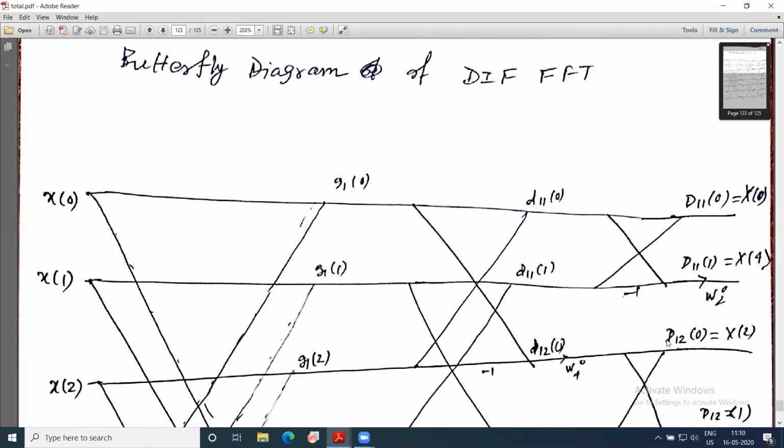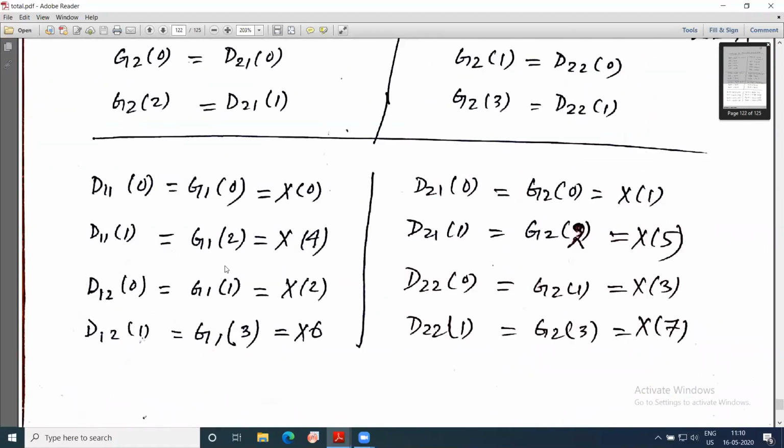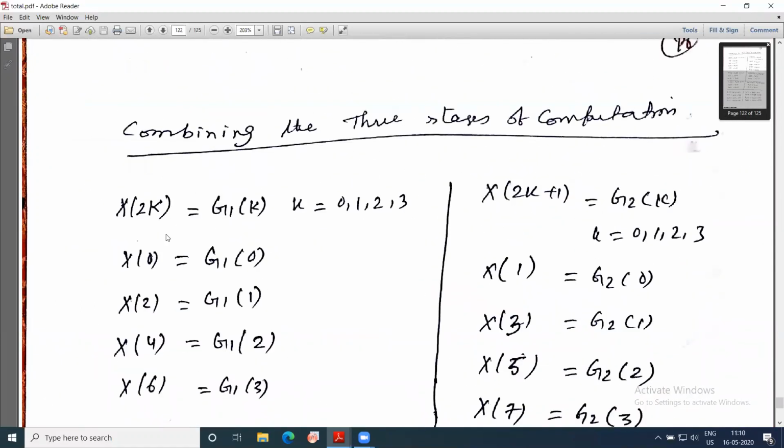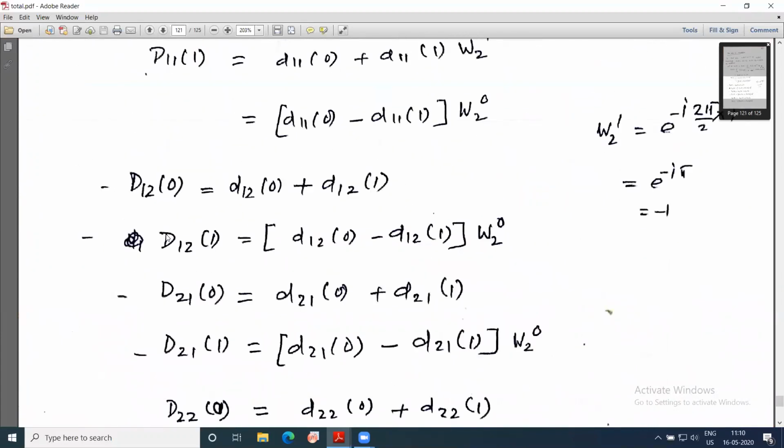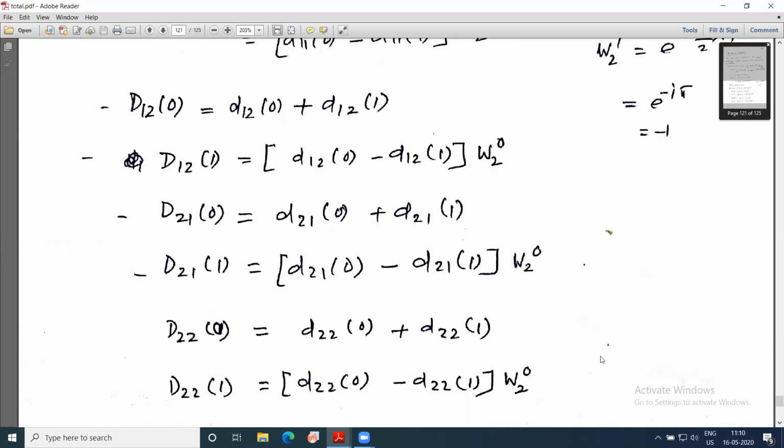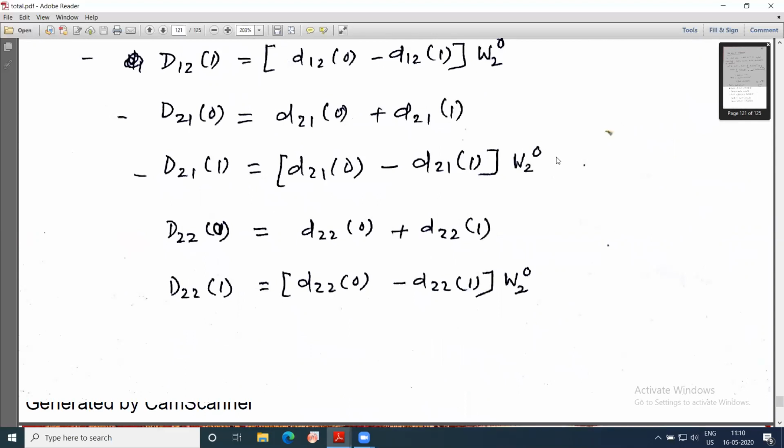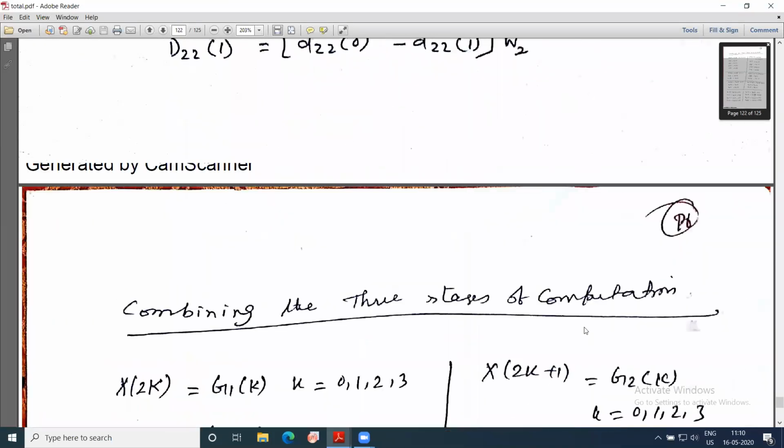Next, you will be having d12 of 0. If you see here, d12 of 0 is equal to d21 of 0 plus d21 of 1, and capital D21 of 1 is equal to small d21 of 0 minus small d21 of 1 into w20. Basically, you have to add this and subtract this because w20 is equal to 1.